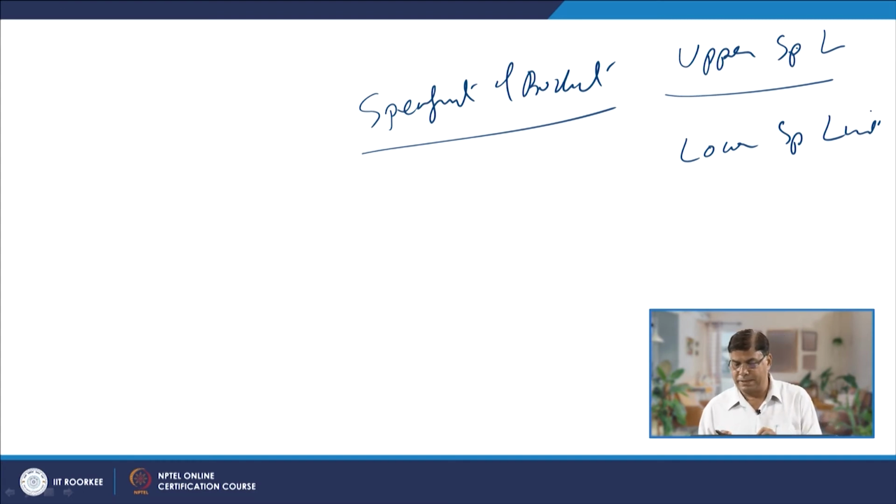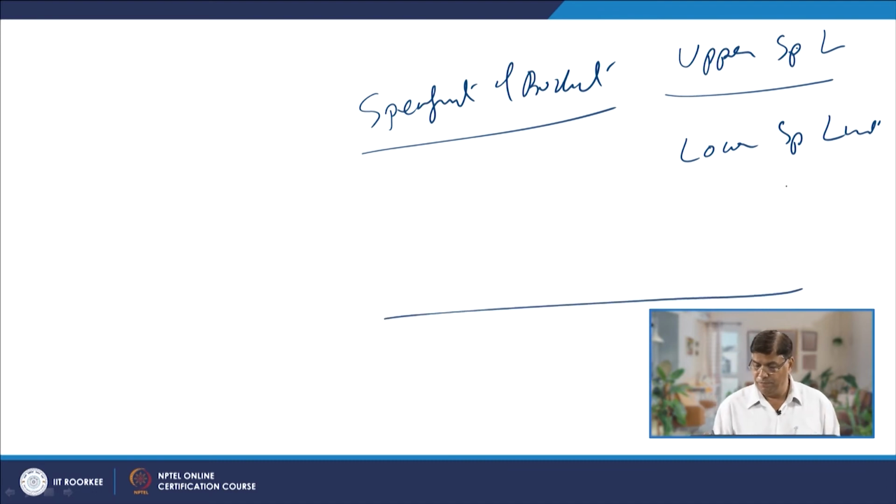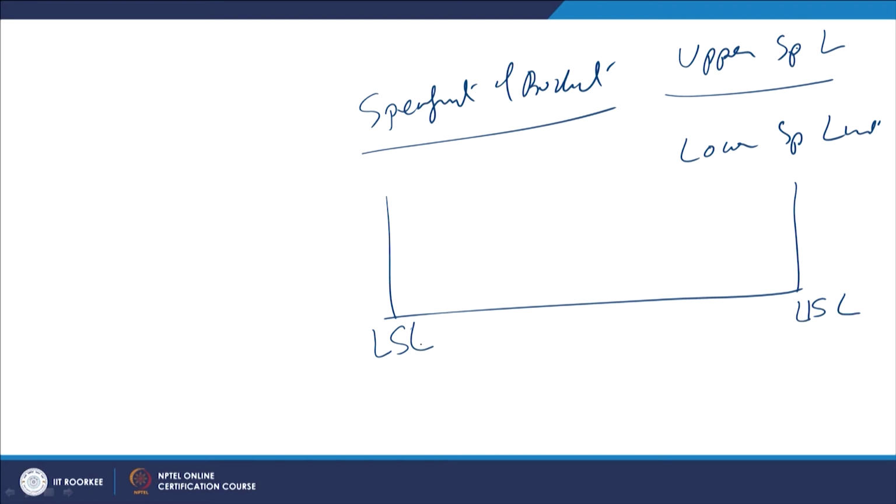and beyond these higher and lower values, say upper specification limit and lower specification limit, whatever we manufacture, despite of all averages and dispersions, the values of the quality characteristics of the products which are being manufactured must fall within these two limits, upper and lower specification limit, because if the quality characteristic value is falling within these two limits, then the product will be acceptable.